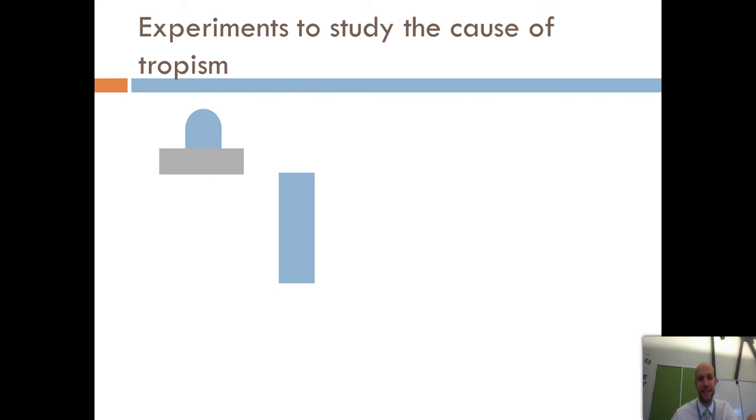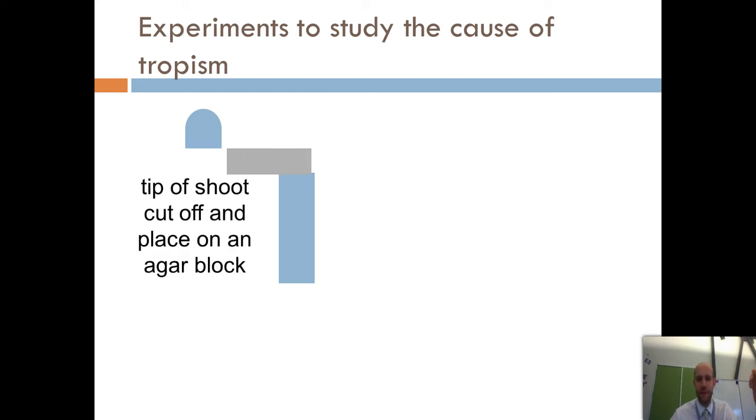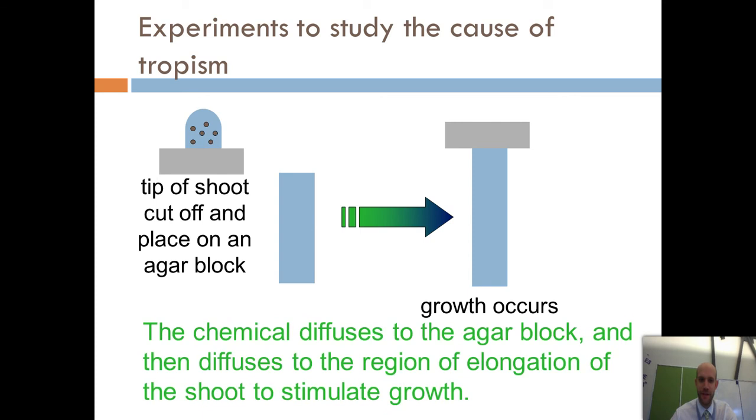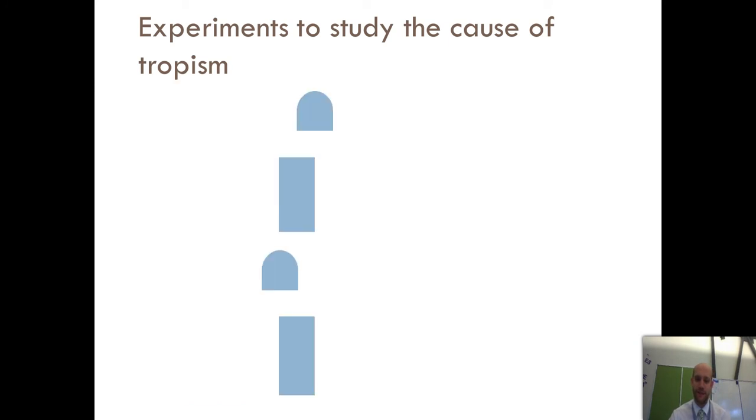Next up, we can take the tip and place it onto the agar block separately. When we slide it across onto the top of the shoot, amazingly, it still grows. So this tells us that the chemical is diffusing into the block, then it's diffusing into the zone of elongation, stimulating the plant to grow.